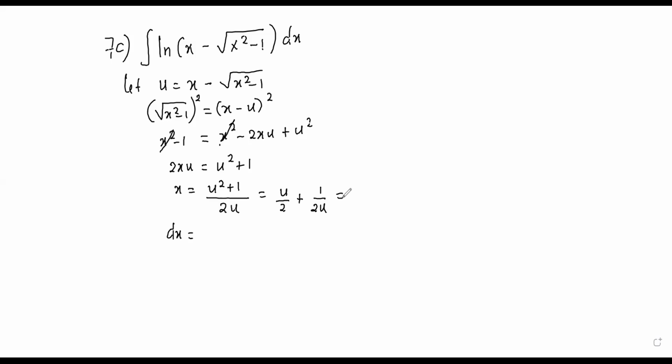Where I can factor out the half, maybe to avoid issues. I have like this. Then I differentiate with respect to u. So I'll have half, and then 1 minus 1 over u squared du.